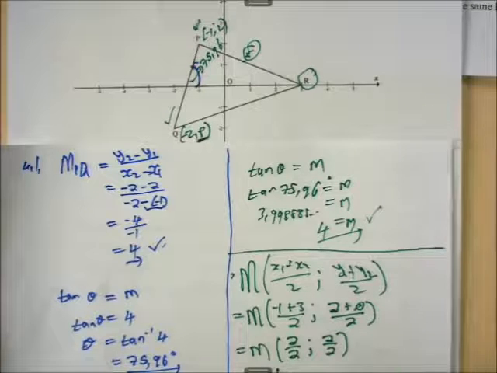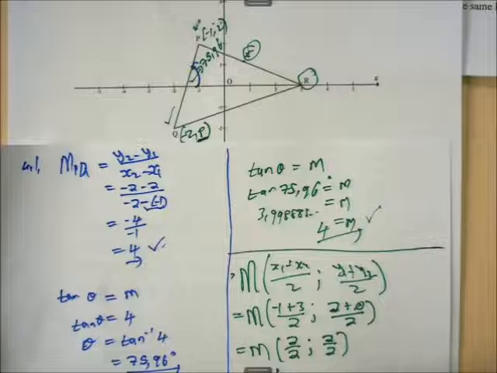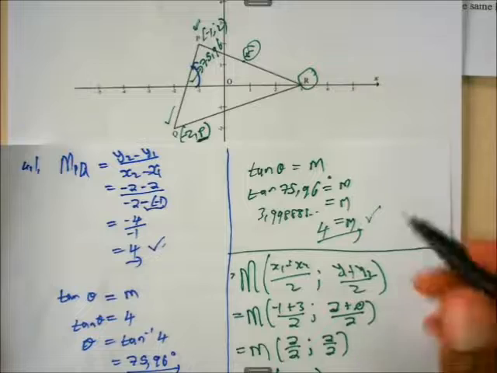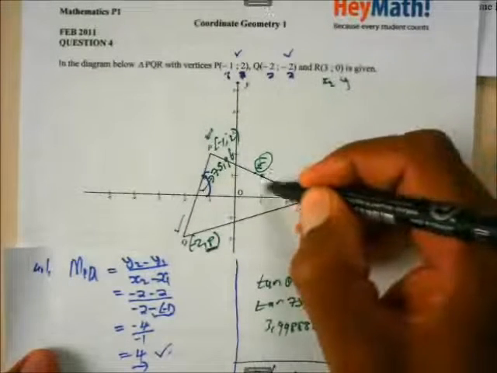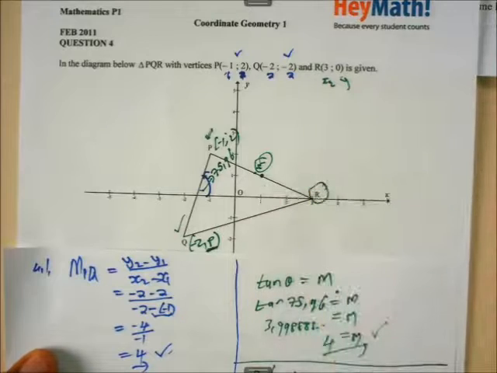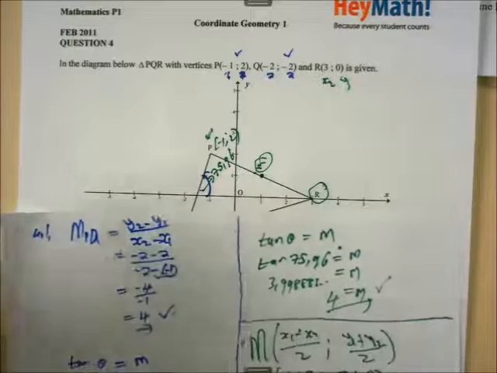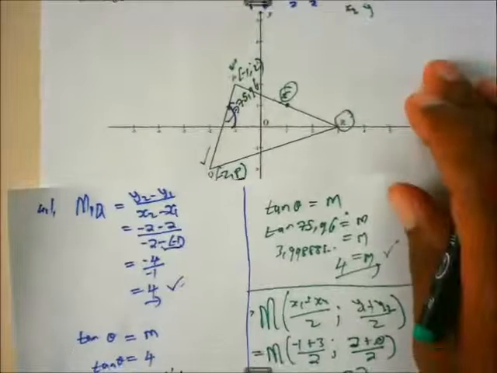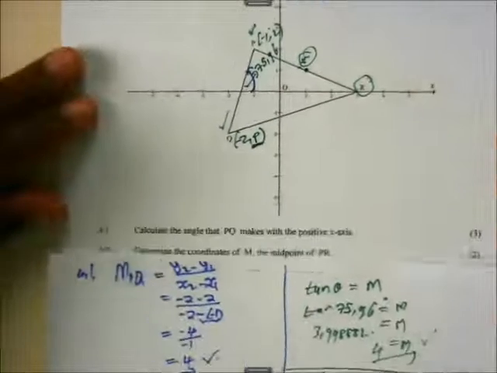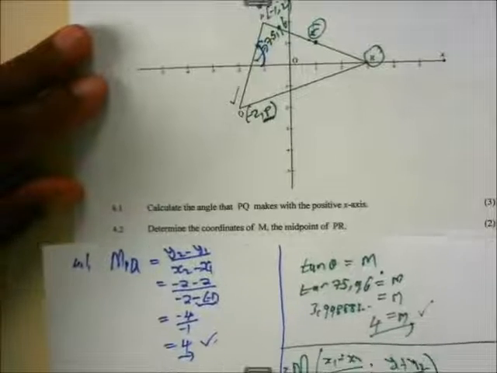Therefore, the midpoint here is 2 divided by 2, the answer is 1, and also 2 divided by 2, the answer is 1. Then you can see now the midpoint of this line is where x is 1 and also where y is a positive 1. Right, of course, boys and girls, you can see your answer there. It's 100% correct.